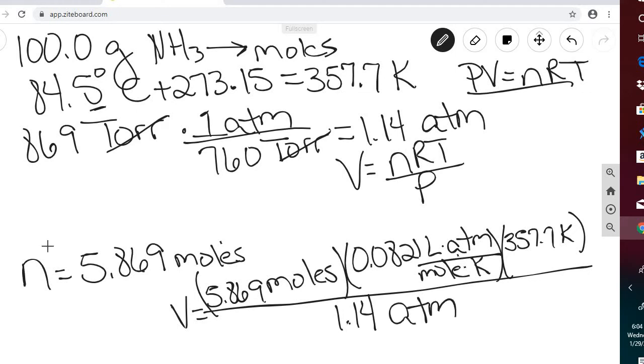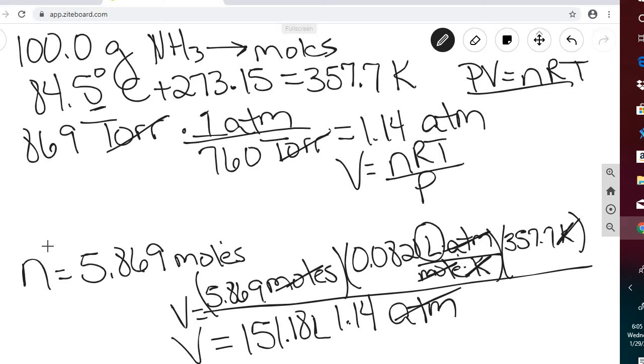Okay, so if we look at our units, here's an atmosphere and an atmosphere. Here's a mole and a mole, and here's a Kelvin and a Kelvin. So the unit we're left with is liters, and that is a good unit for volume. So 5.869 times 0.0821 times 357.7 divided by 1.14 gives us a volume of 151.18 liters.